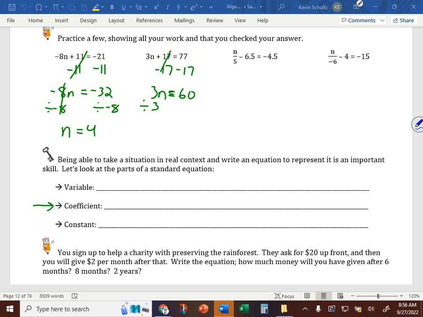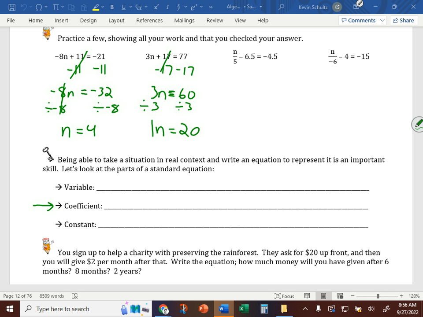Just 1. So when we divide by the coefficient, what we're saying is 3 groups of n is 60, so 1 group of n is 60 divided by 3. 3 divided by 3 is 1n, equals 20. If 3 n's is 60, 1n will be 20, because 3 20s make 60.